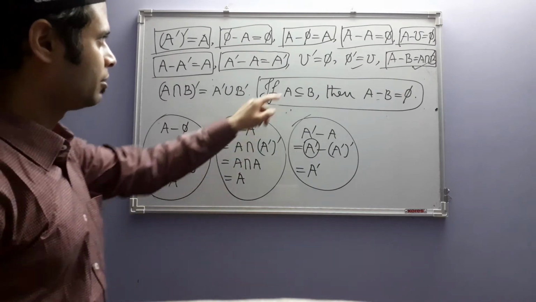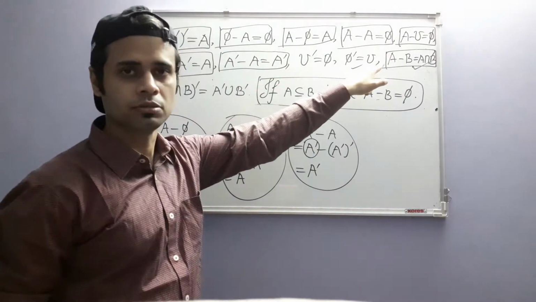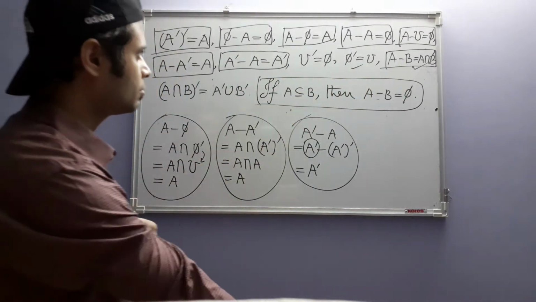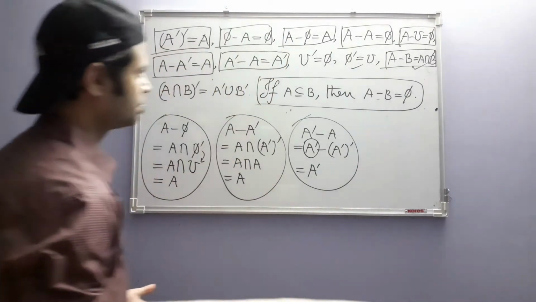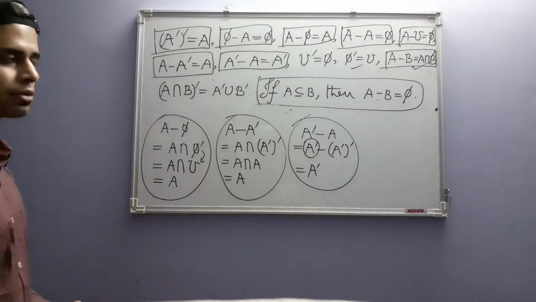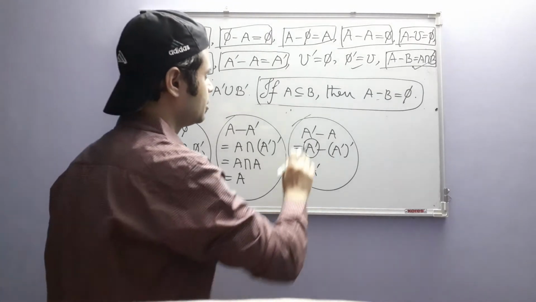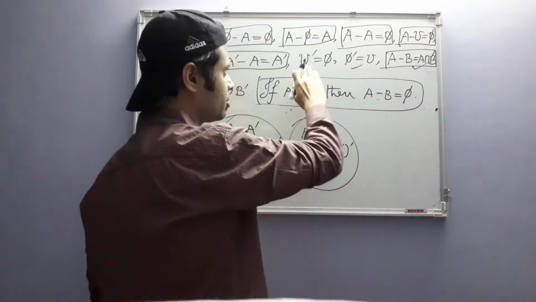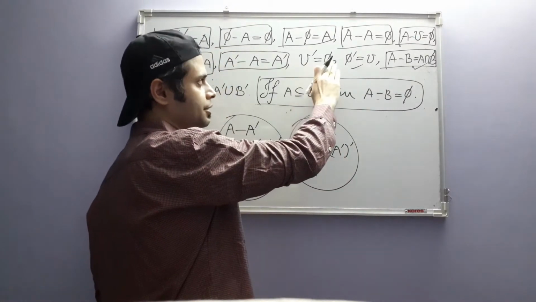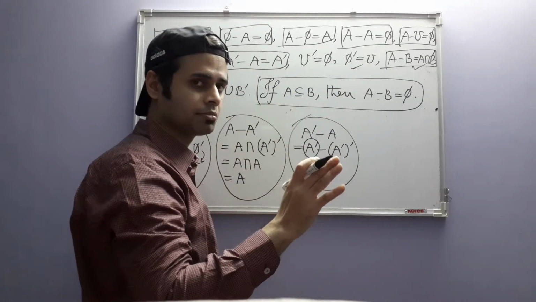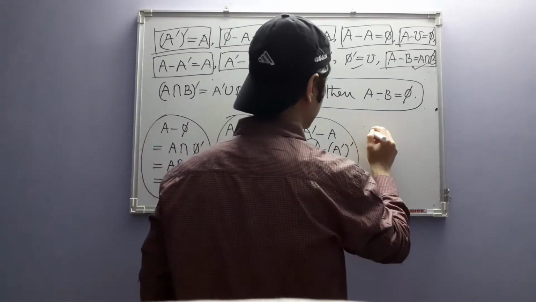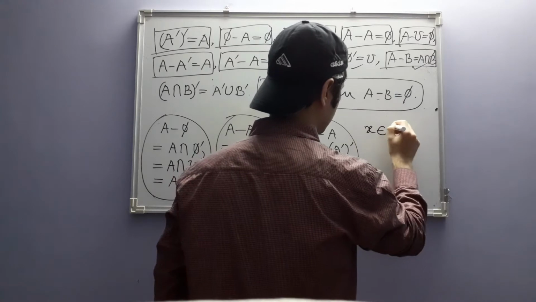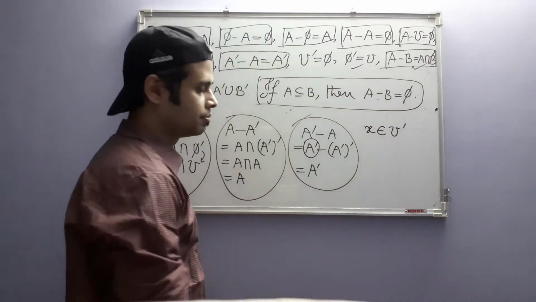Okay. Now I am yet to prove these two, right? So this I have to prove in the usual way by taking elements. For the first one, because I have to show that something is equal to empty set, same method. Suppose there is an element x in U prime.